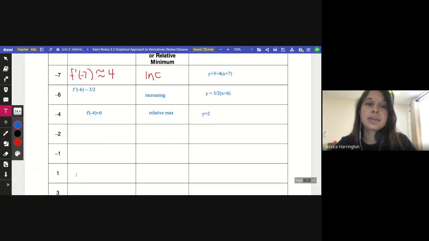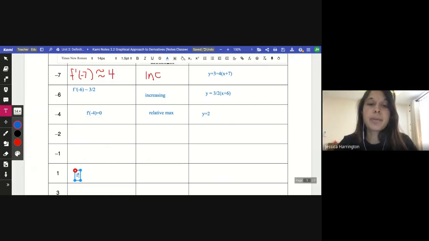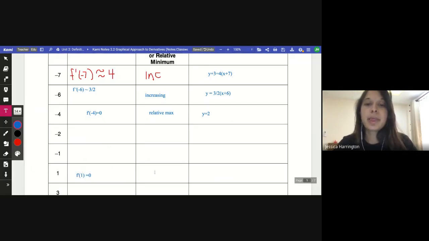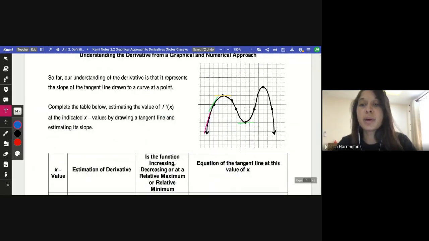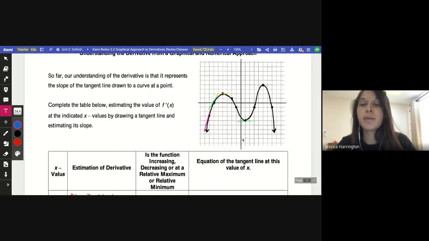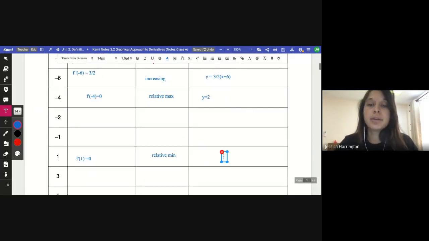And f prime of 1 is equal to 0. Why? Because at that point, the function has a relative minimum. And the equation of that line there is y equals -4. Equation of the line.